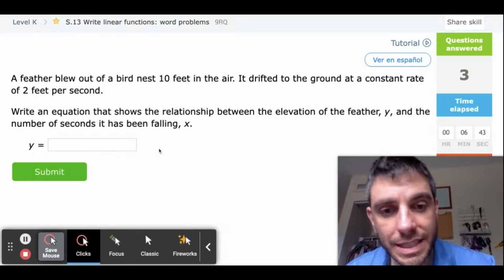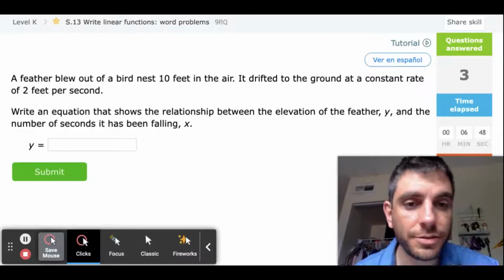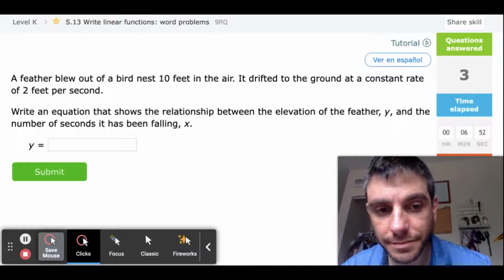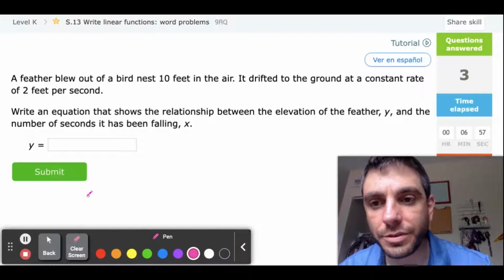But if it doesn't tell you that, because sometimes it doesn't, there are a couple of ways you can figure out what the Y value is and what the X value is. One way is something I think I've already mentioned in the previous video.